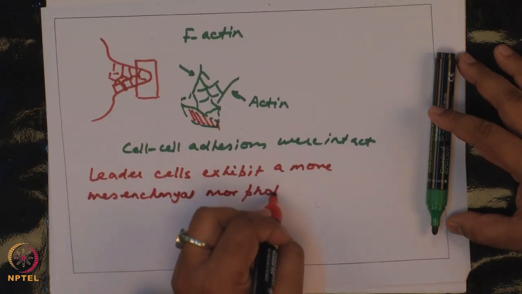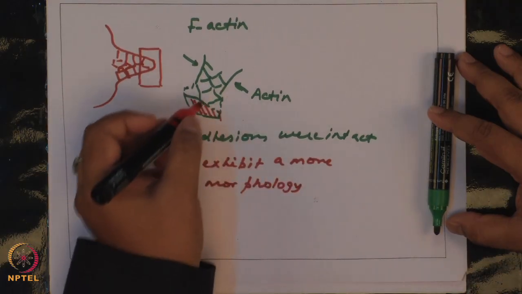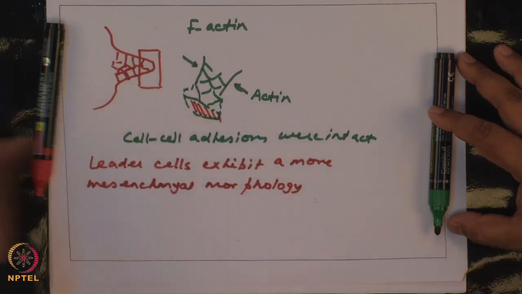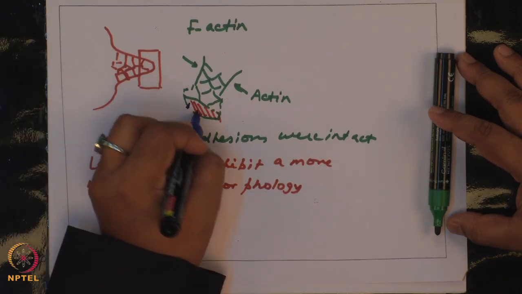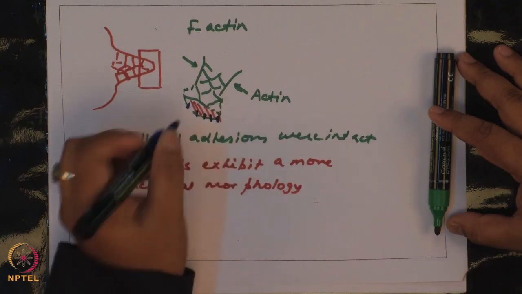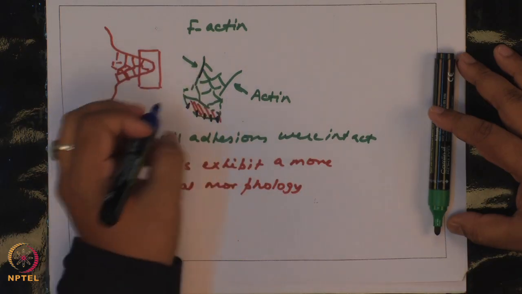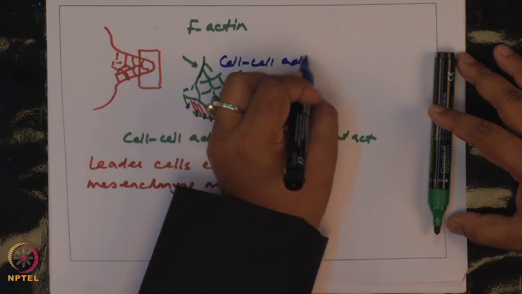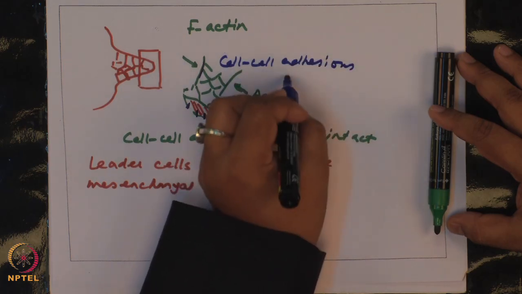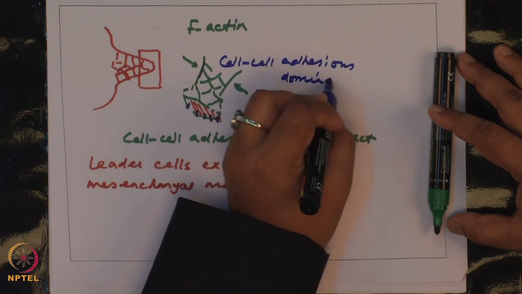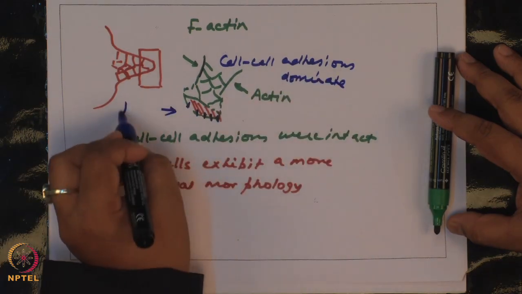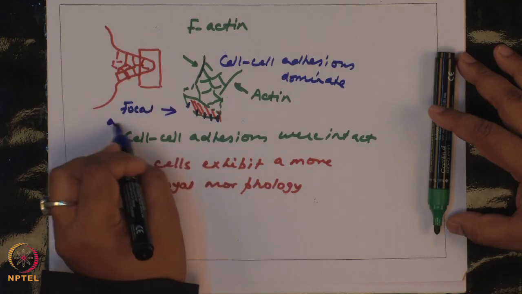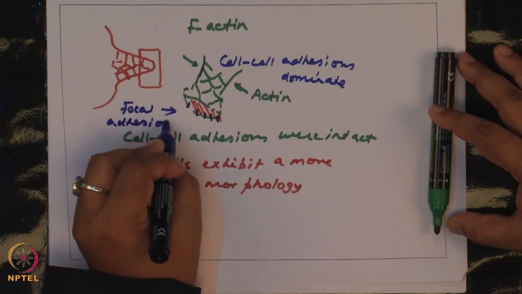So, in contrast to cells being attached to each other, these cells form a lot more focal adhesions with the substrate. In these cases, you had cell adhesions dominate, but at the periphery you had focal adhesions dominate.